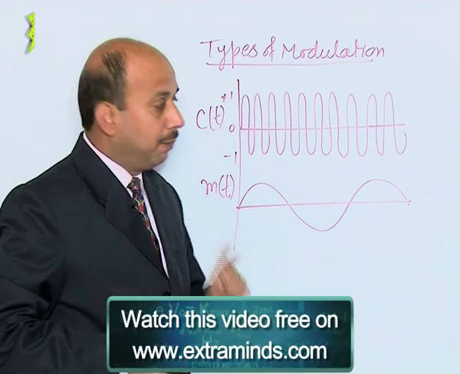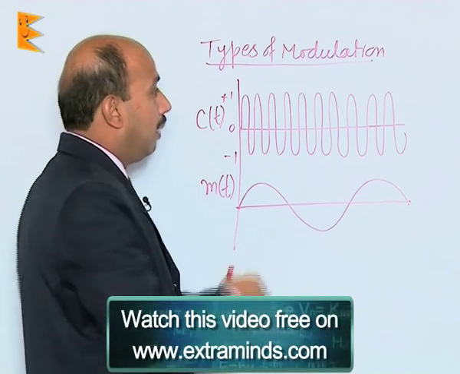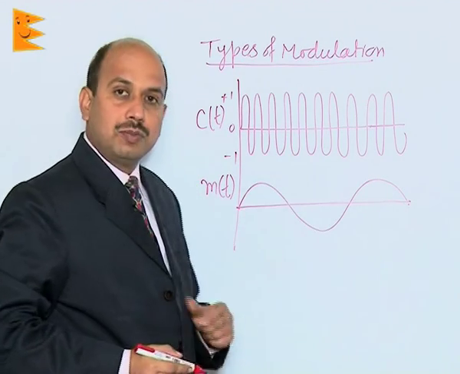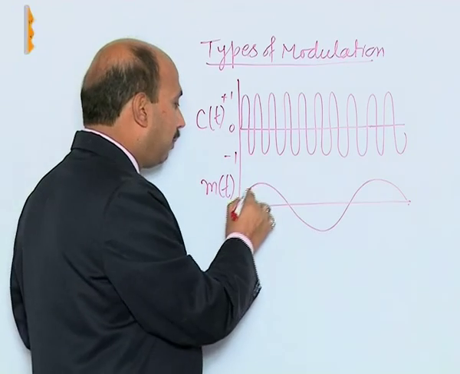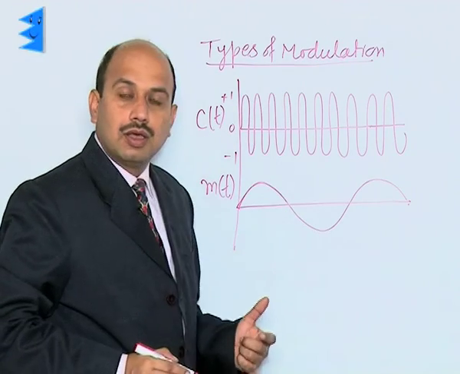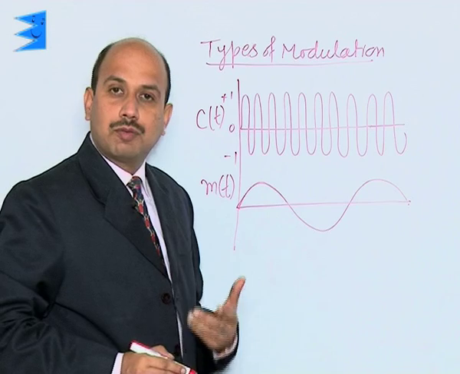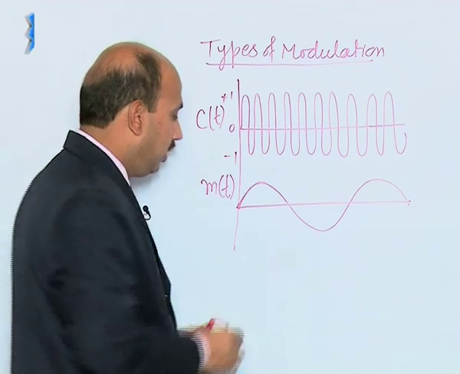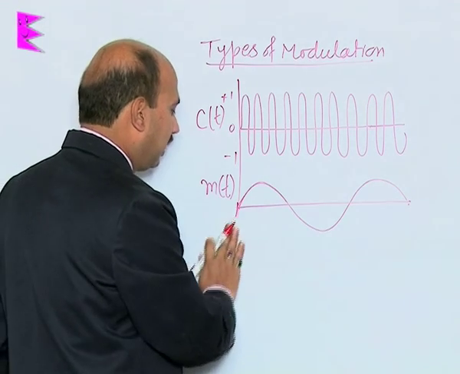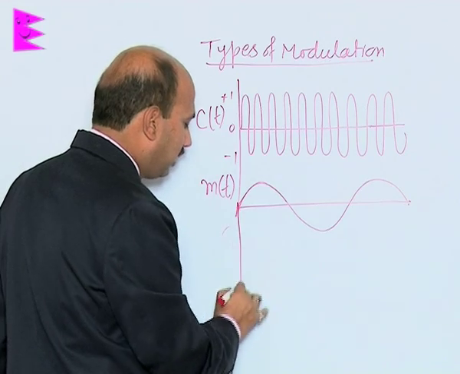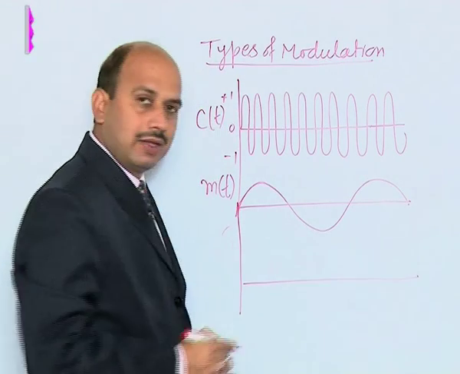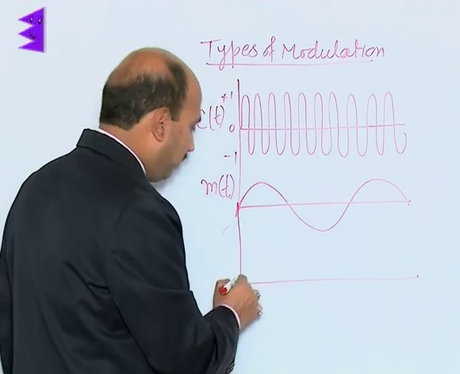Now in amplitude modulation, the amplitude of the carrier wave has to be changed in accordance with the amplitude of the modulating signal, keeping the frequency of the carrier wave constant. Then see what type of wave is obtained in that case. We get a new wave like this.